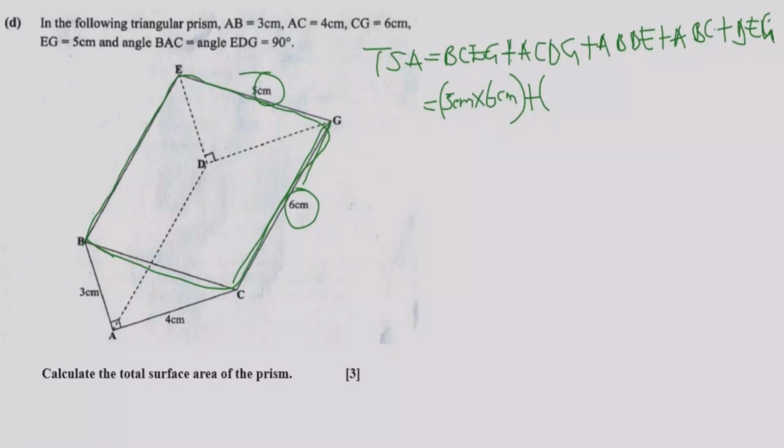So we identify the area which is ACDG. So that area is where? The area which is ACDG.